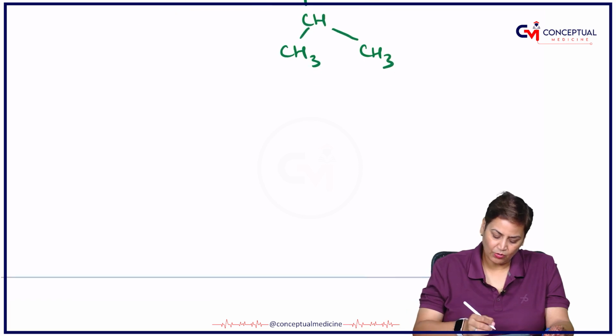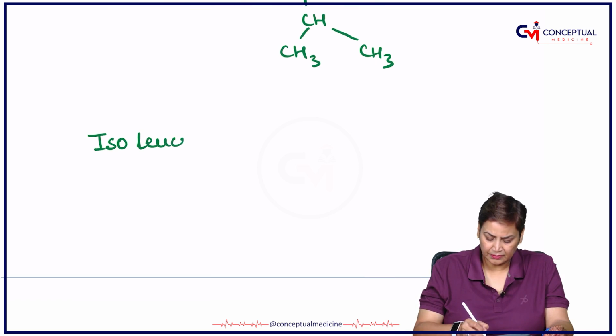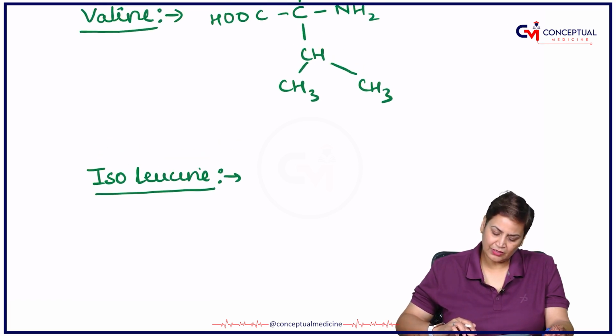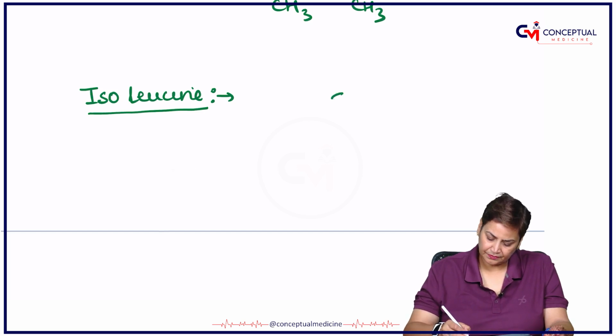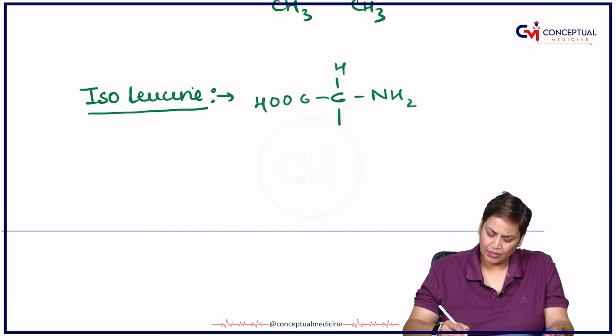Then, if we talk about isoleucine, isoleucine will have the same structure, but the only difference will be here that it will have an iso group along with this.